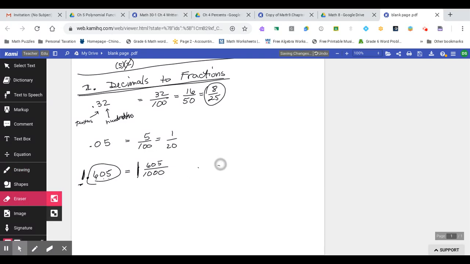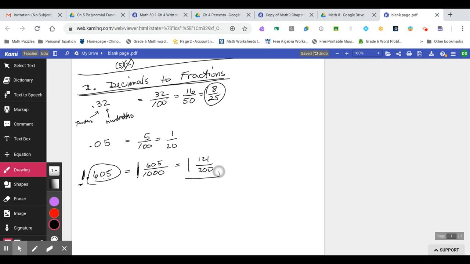So when I divide 605 by 5, I get 121. And when I divide 1,000 by 5, I'm going to get 200. So you could say, anything good to that? Well, I know 121 is only 11 times 11, so I'm going to stop. That's going to be my answer right there.